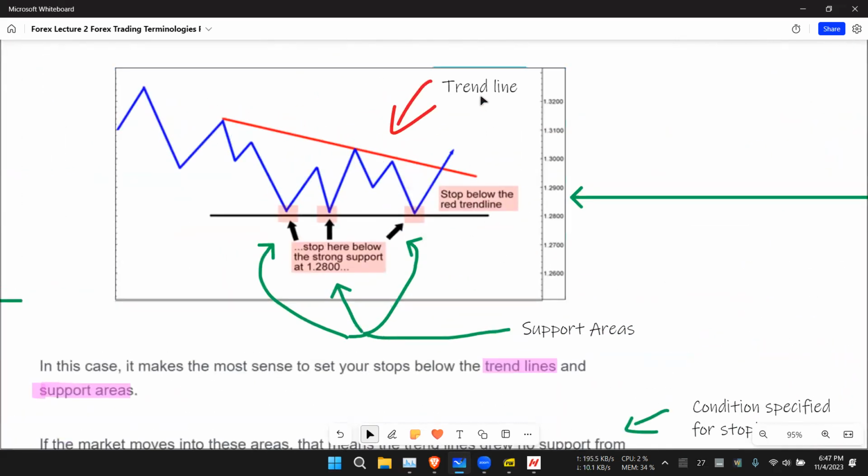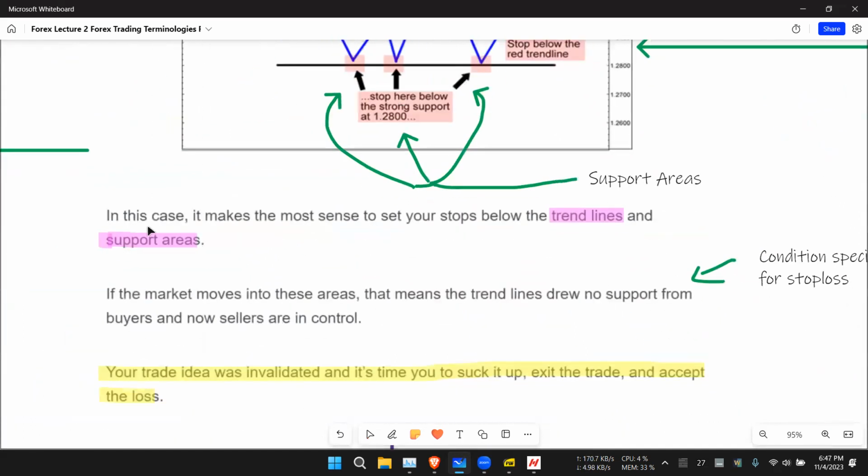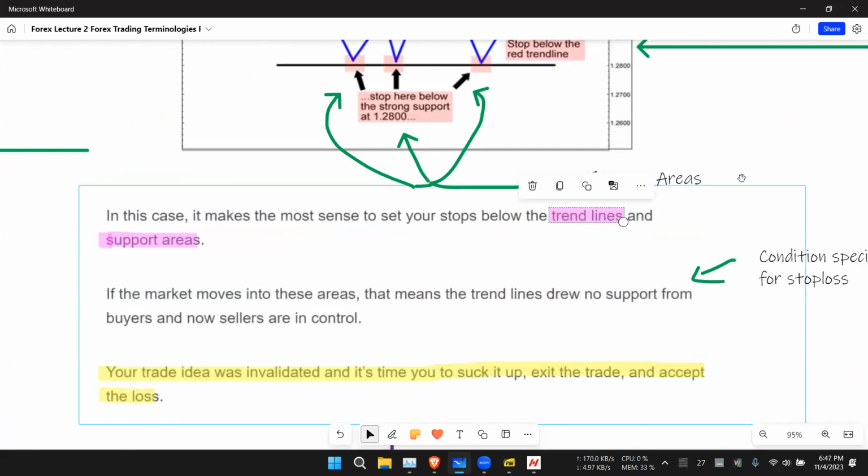Now, let's start with this. You can see here that it's talking majorly about the same stuff, like this point is being hit again and again, and because of these reasons we have set this baseline. In this case, it makes the most sense to set your stop below the trend line.